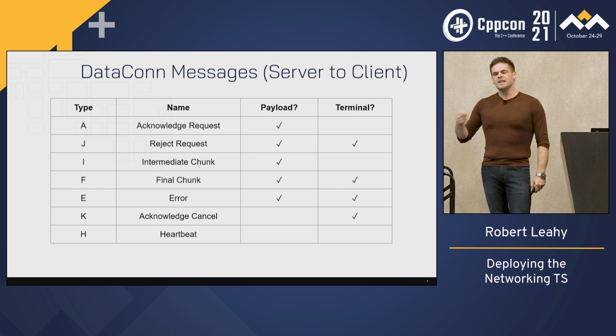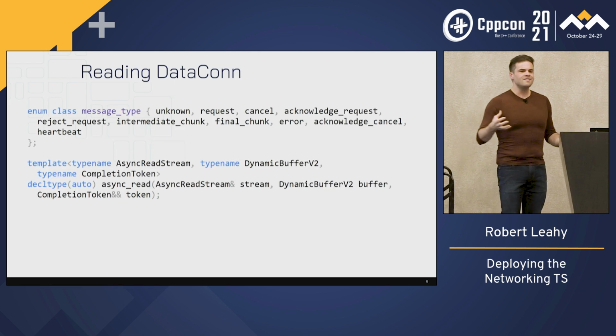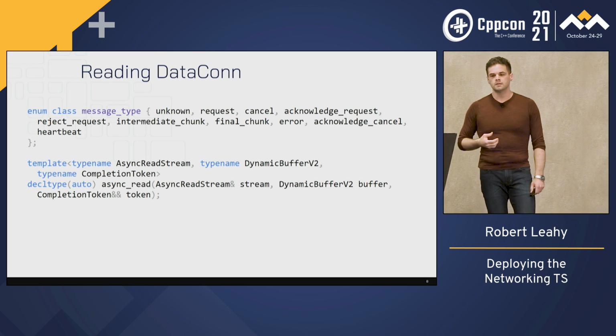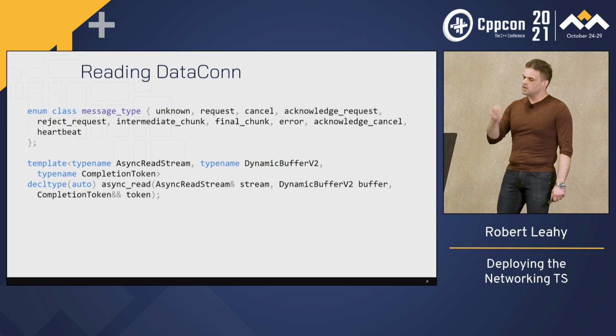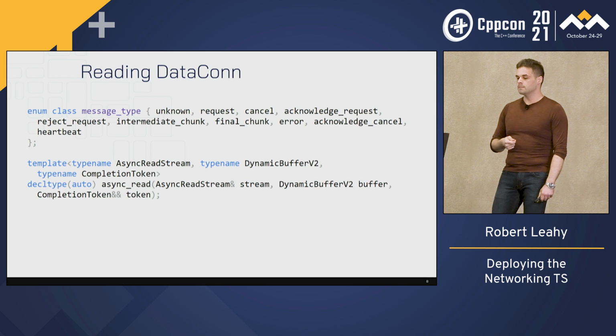So now that we understand the vocabulary, we understand the structure of the messages, and we understand the use case, let's take a look at how we're going to start designing our implementation. Let's see how it is we can teach the networking TS to read datacon. And so we begin with an enumeration of all of the message types because we don't like magic constants in our code. Note that we also throw in unknown in case, for some reason, we need to represent something like a parse error.